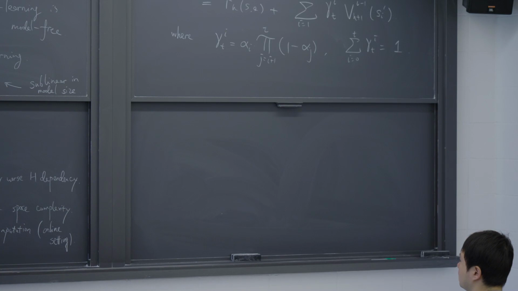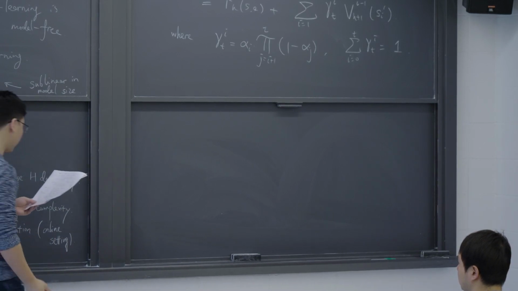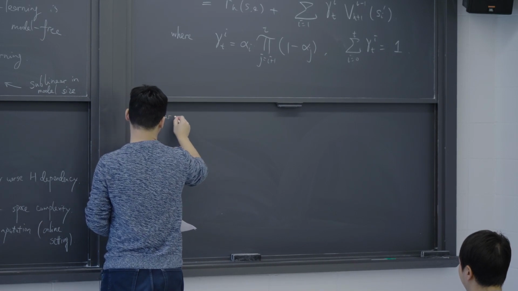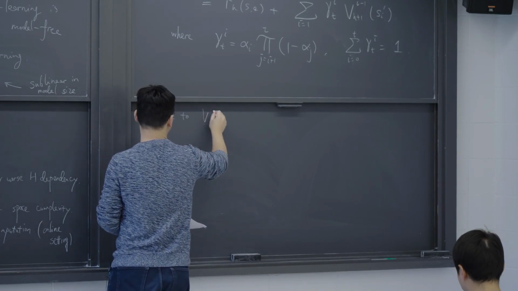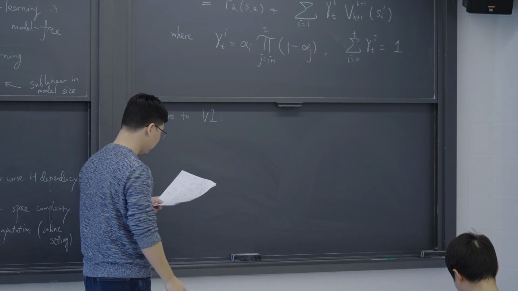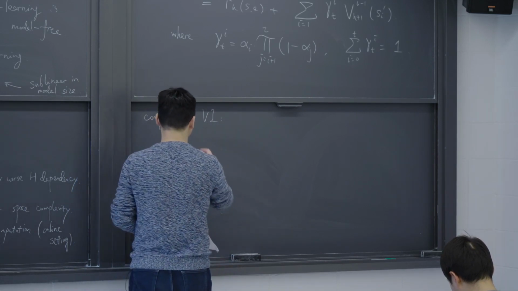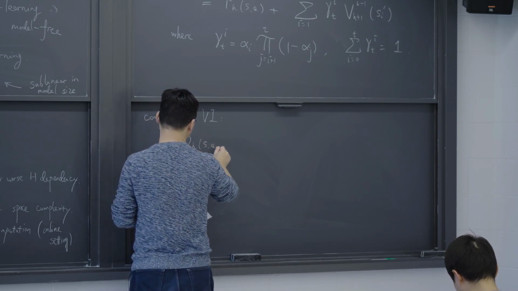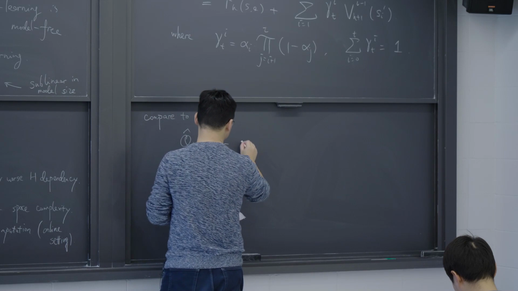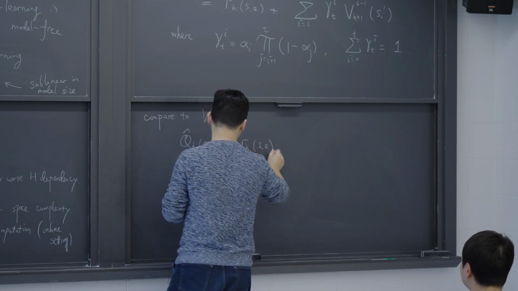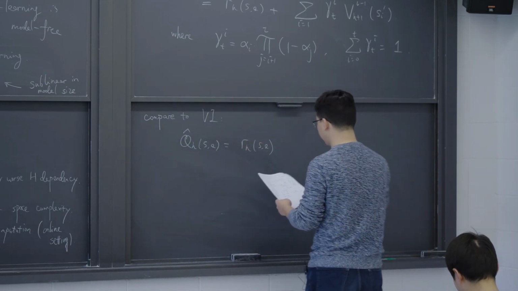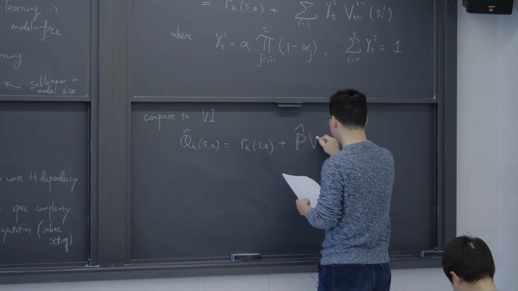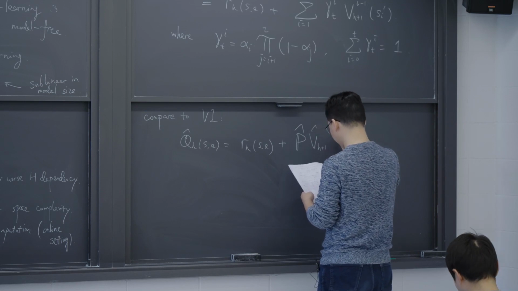Okay. So we will compare this to the value iteration, where we know we're doing the following updates on the Bellman optimality equation. The Q value is equal to R plus P hat, which is our estimate, times V h plus 1 hat at s,a.